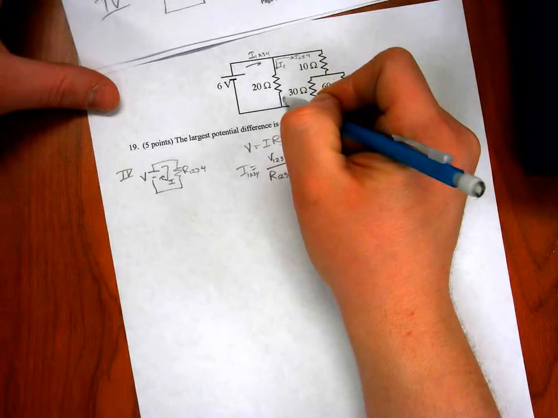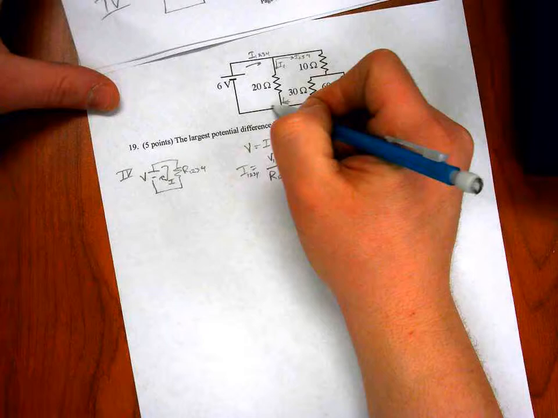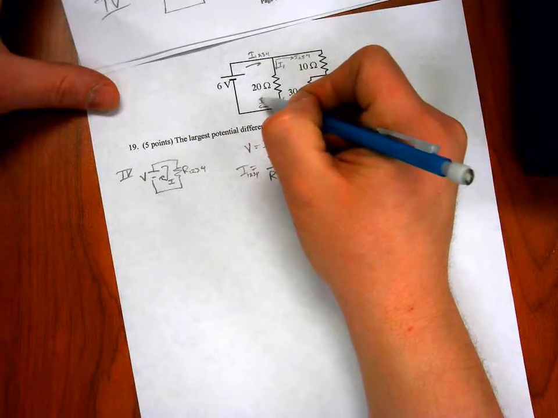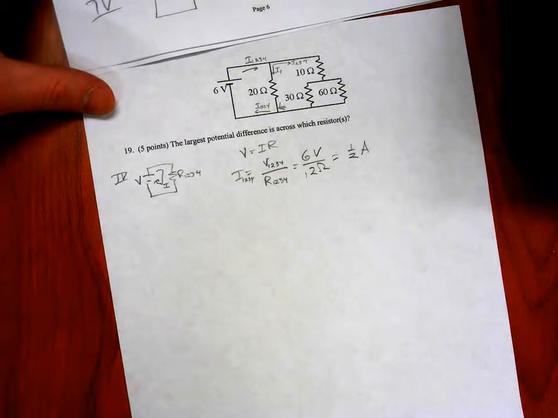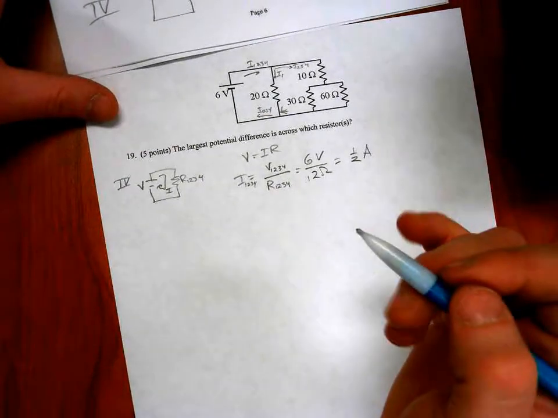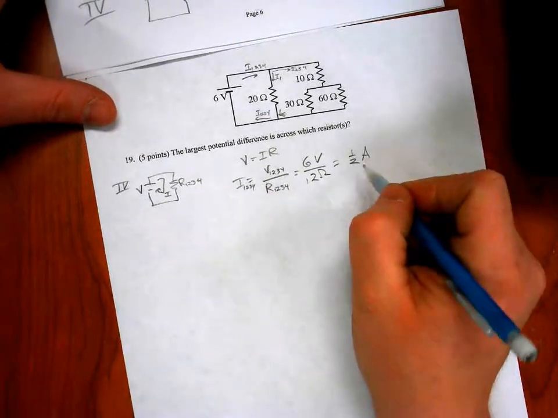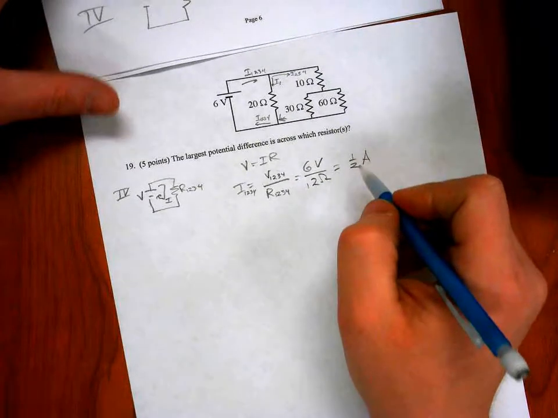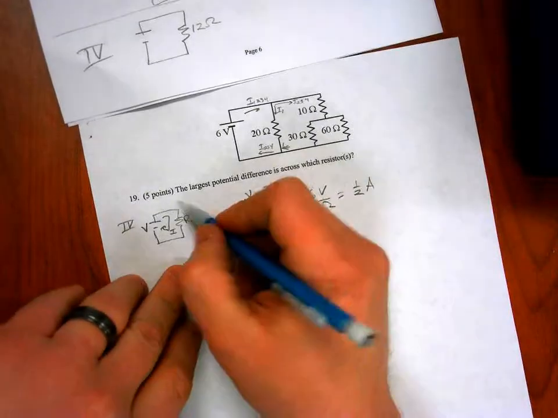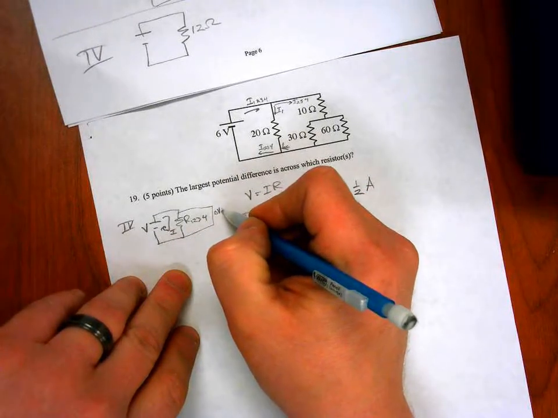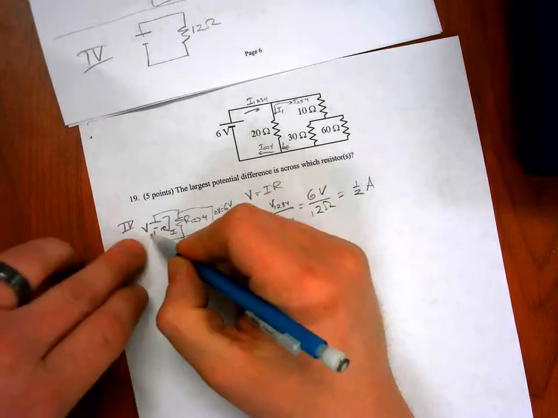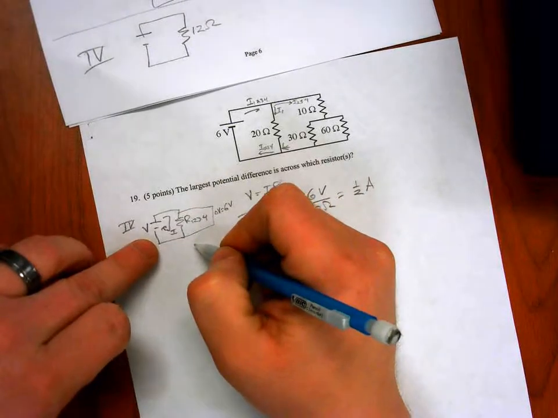But then it's going to come back together and leave as I1,2,3,4 again. Okay, you'll see why I'm doing this in a second. So now that I have the current through the whole thing, I know this voltage drop is going to be 6 volts because this adds 6 volts. This takes 6 volts away.